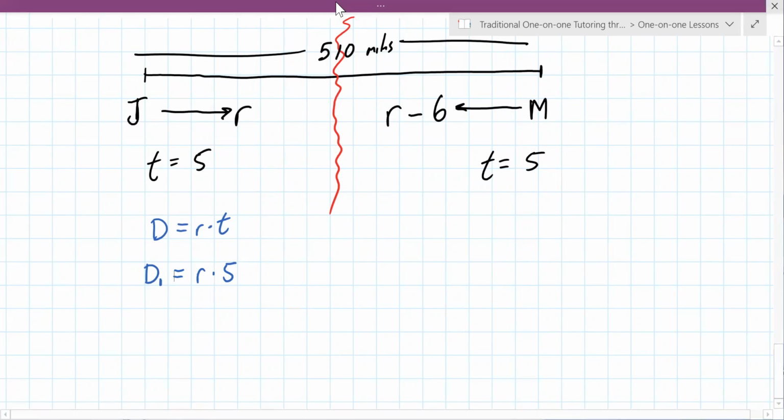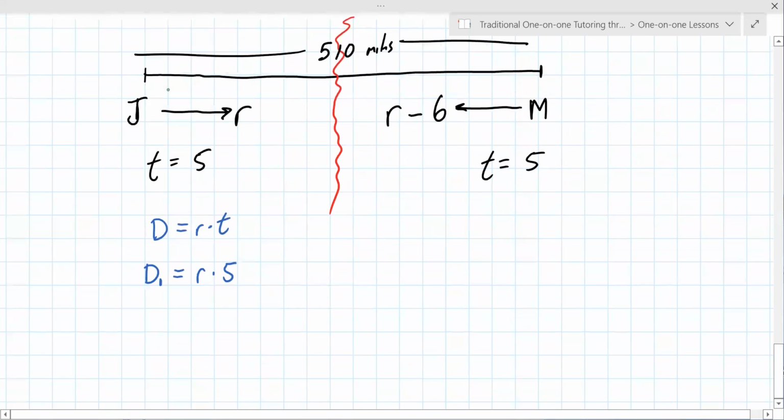Now we're going to go over to me, Matthew, and same deal. D equals RT. Do we know my rate? R minus 6. Do we know my time? 5 hours. And do we know how far I went? Also no. So we'll call that D2.